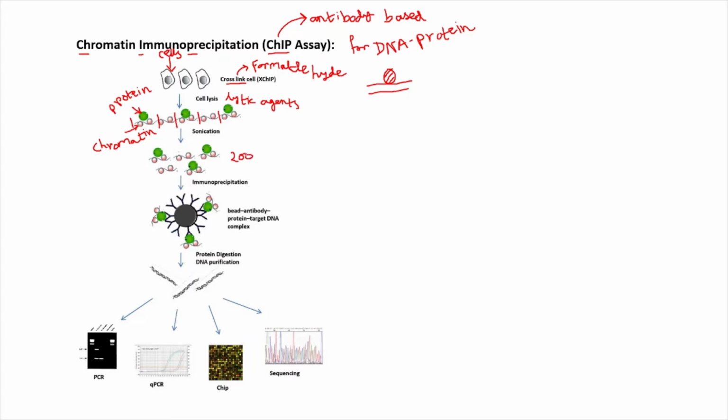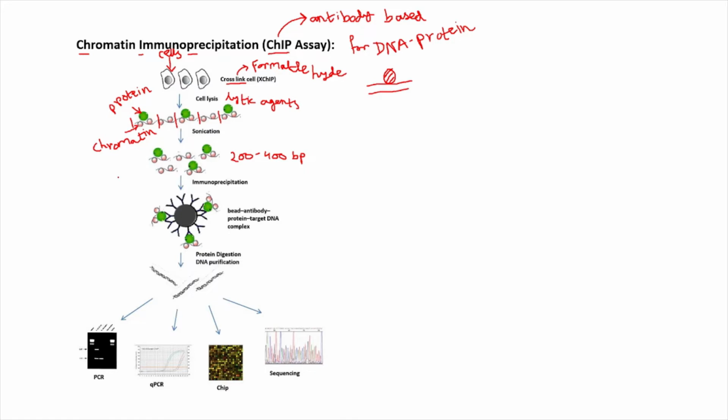The sizes of these small chromatin pieces after sonication must be between 200 to 400 base pairs. So you sonicate and break down the whole chromatin with the bound protein into small pieces of chromatin bound to protein.